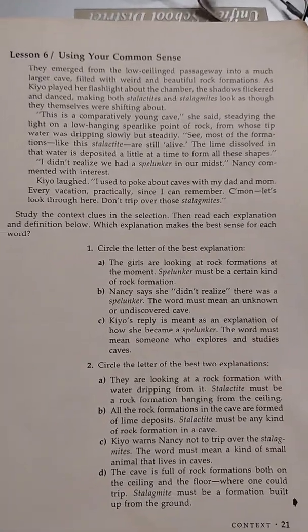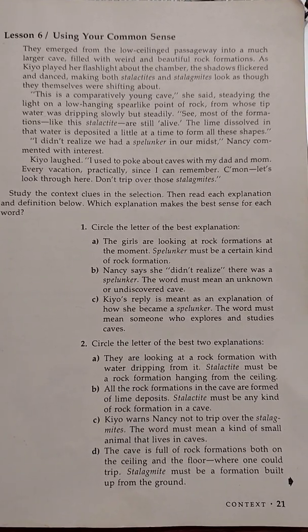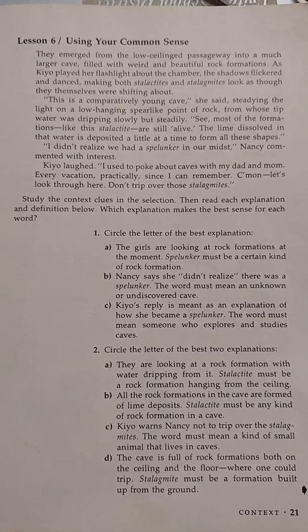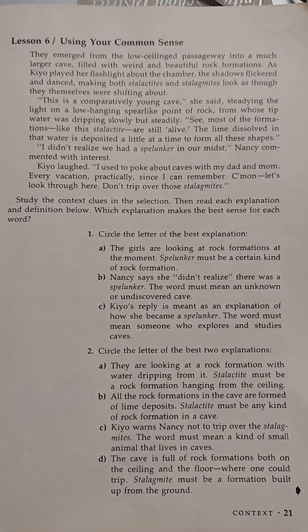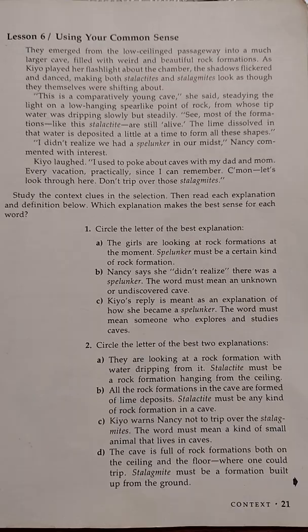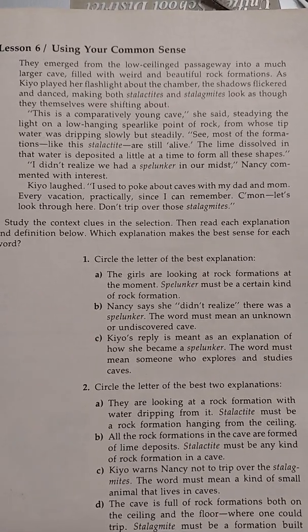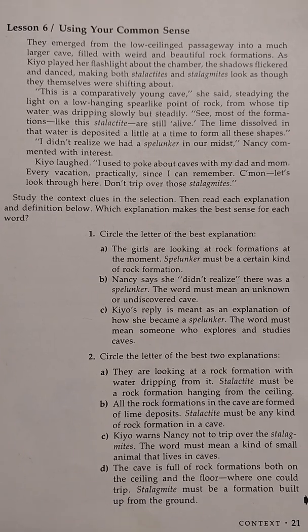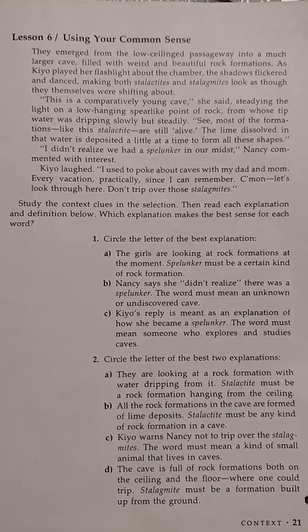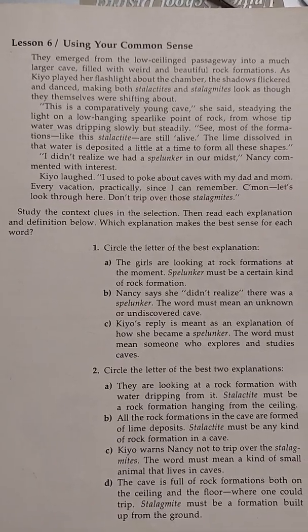Using your common sense, they emerged from the low-ceiling passageway into a much larger cave, filled with weird and beautiful rock formations. As Kyo played her flashlight about the chamber, the shadows flickered and danced, making both stalactites and stalagmites look as though they themselves were shifting about.